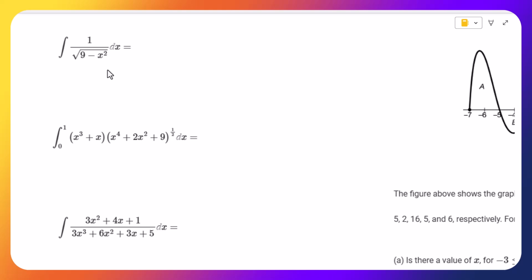What I mean by factor out a 9 is, if I pull out a 9 from this one here, I'm left with 1. If I divide this by 9, what am I left with? I'm left with x squared divided by 9.